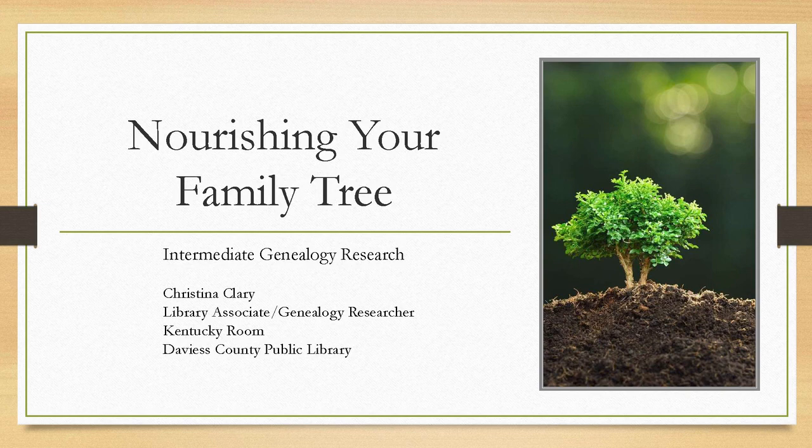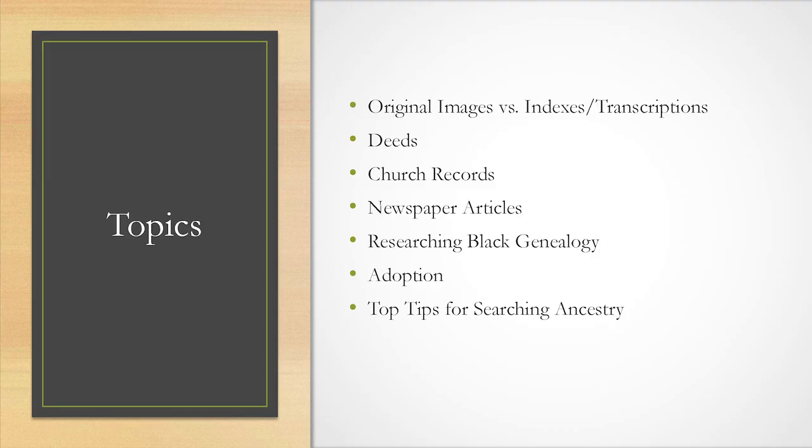So that's why for today's session we kind of needed basics in genealogy, because we're skimming past all the early stuff on how to get started and getting to what to do when you get to brick walls. So for today, we're going to be looking at original images versus the indexes and transcriptions, deeds, church records, newspaper articles, specifically ones that aren't obituaries, and some tips for researching Black genealogy prior to the 1870 census.